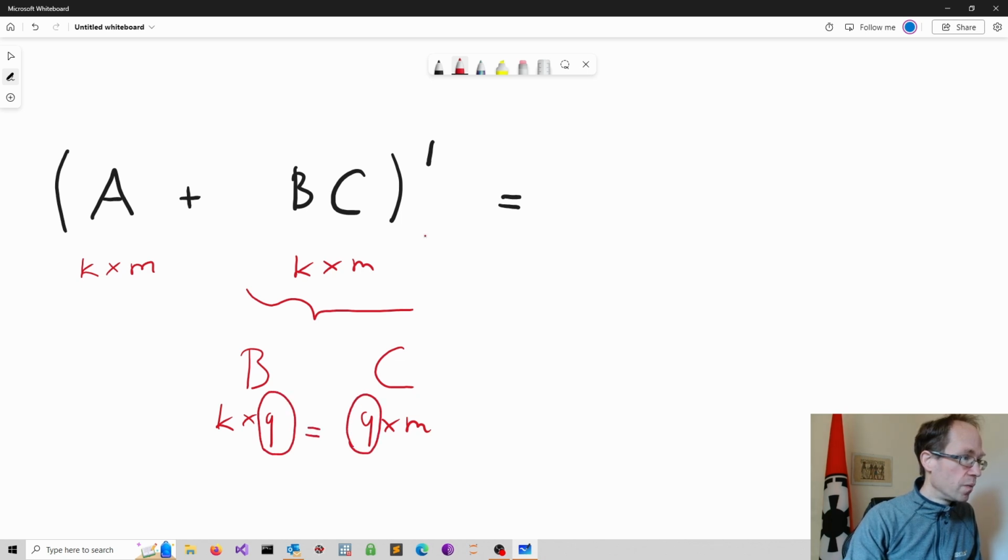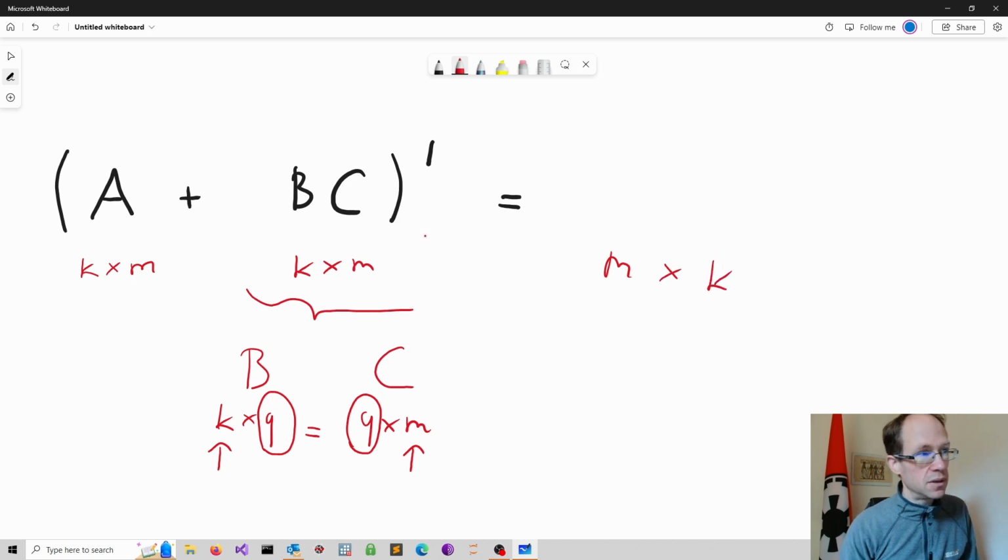Both are q, and the outer ones determine the dimension of a product, as suggested, k times m. Now, by definition, after applying the transpose, we should end up with the dimension m times k. So over here, we would expect m times k.